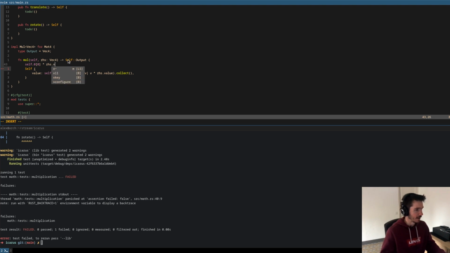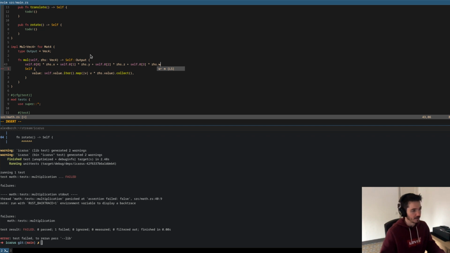Now we want to multiply first matrix element times the vector's first, plus self dot 1 times y, plus self dot 2 times right-hand side z, plus self dot 3 times right-hand side w.